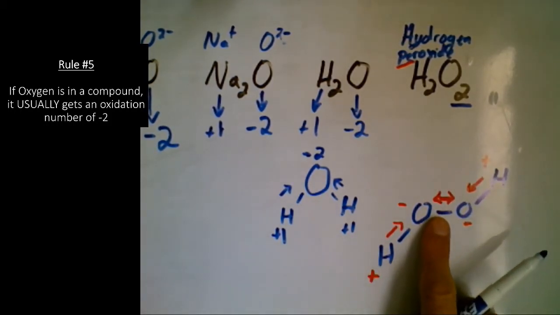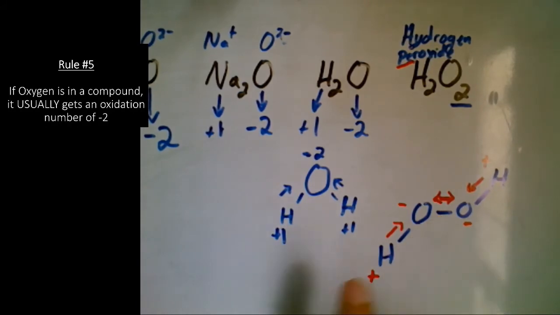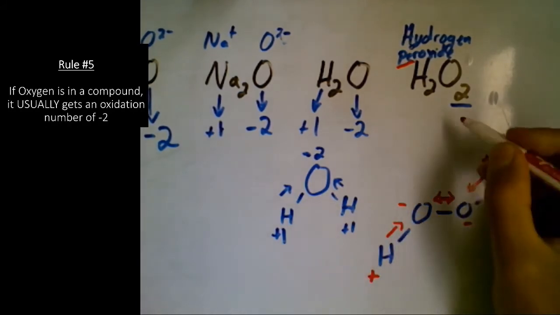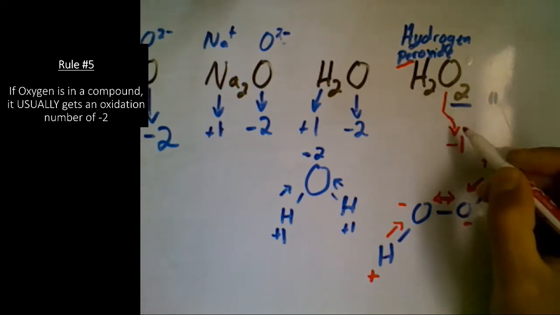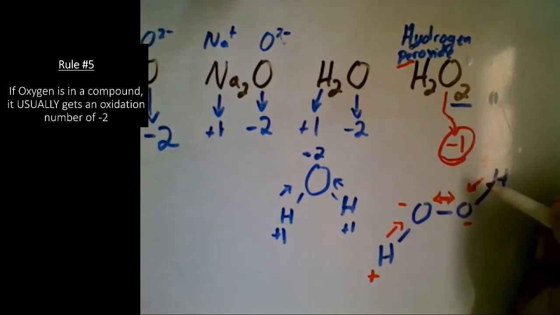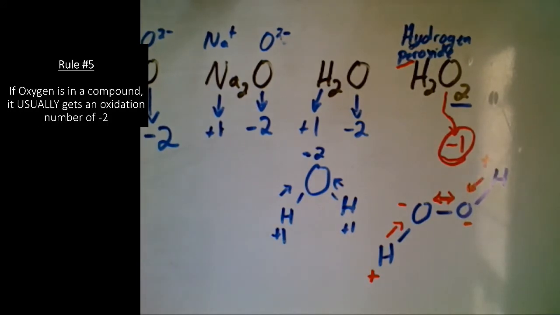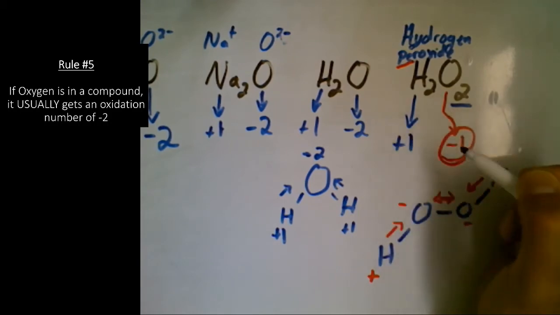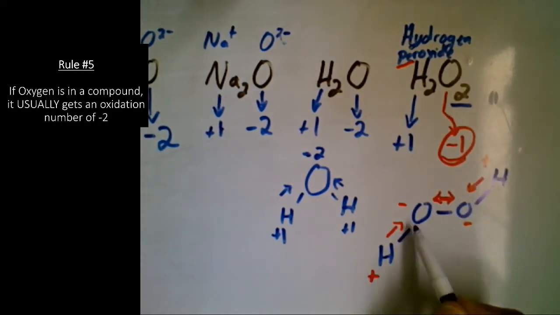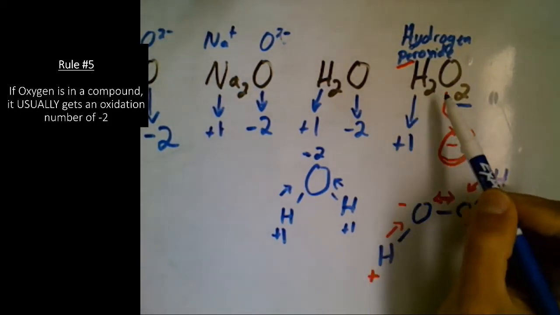Anytime you have a peroxide, oxygen is actually not a -2, it is a -1. It is one of the exceptions to the times that oxygen is a -2. Hydrogen does not have that exception. It's still going to be a +1 because it's giving up its 1 electron. But that's just something to be careful of.